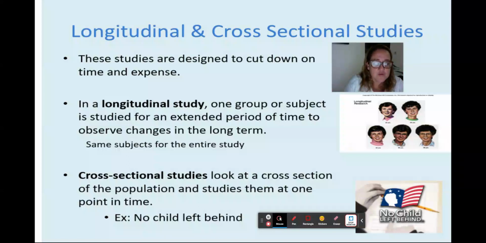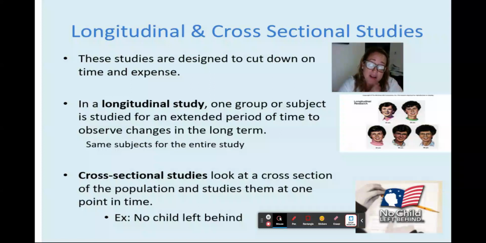They can't use that subject's information. Another thing, it's really expensive. If I'm following people for 20 years, it's a long time to be collecting data and maintaining that payment. So it's very expensive. And a lot of times the subjects don't last, right? They can pass away too. So that's another thing with that.